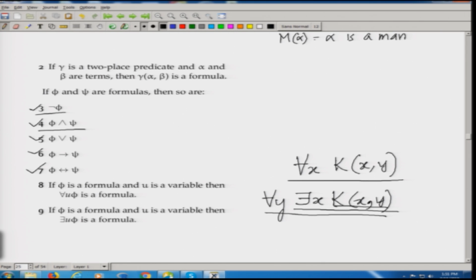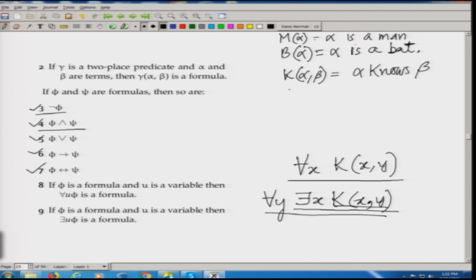And we have another predicate, B. Suppose B alpha means alpha is a bat, and then intuitively K alpha beta means alpha knows beta, and L alpha beta may mean that alpha likes beta.